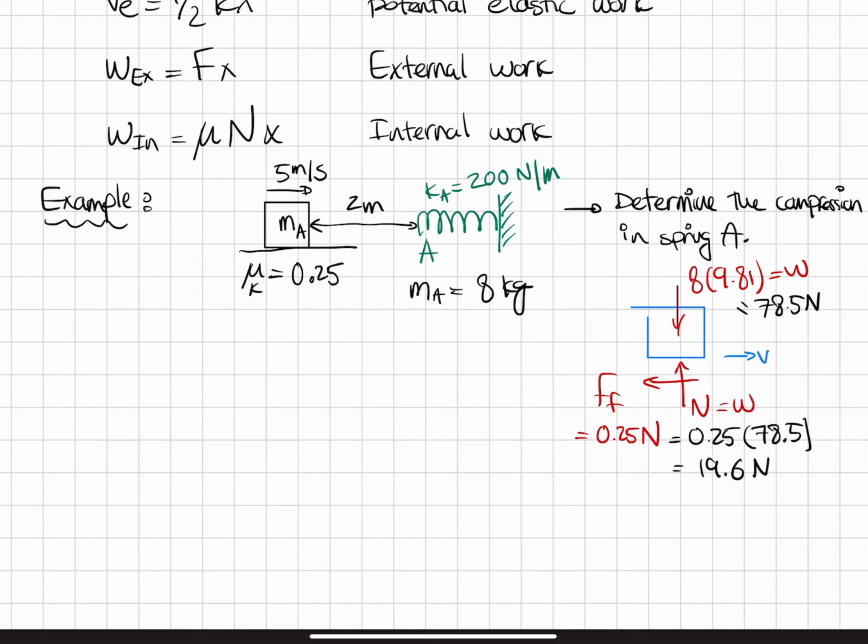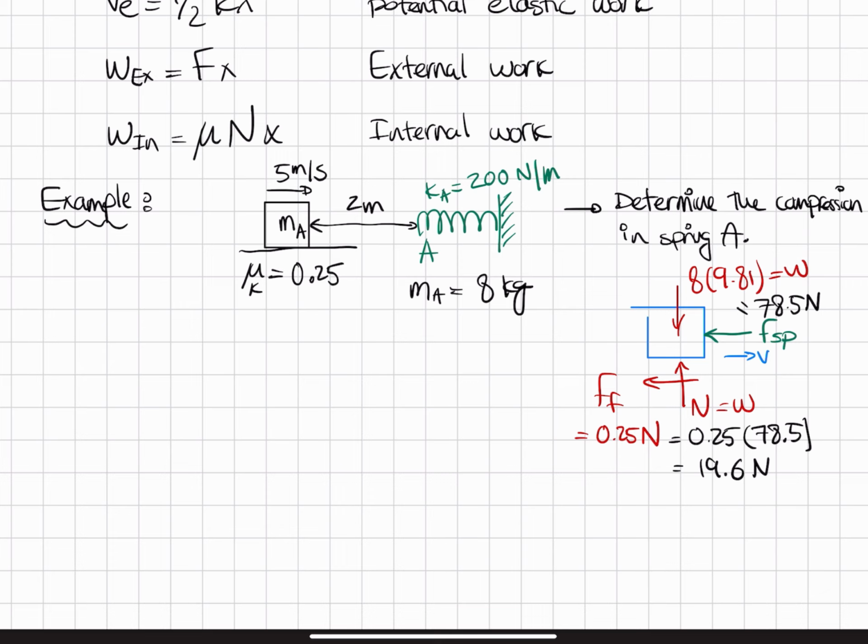So these are all the forces in the vertical direction. What else do I have? Obviously, at the moment of impact with the spring, I will also have the spring force that's going to be in the opposite direction. Let's call this FSP. Okay, that's, I think, all the forces that we're dealing with.